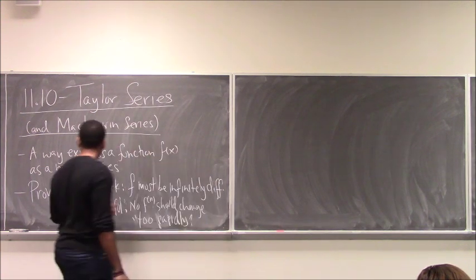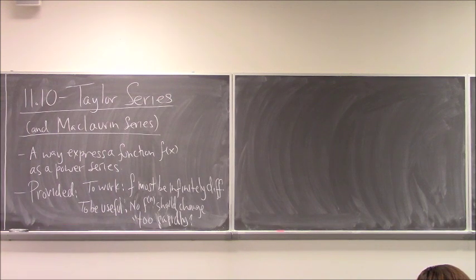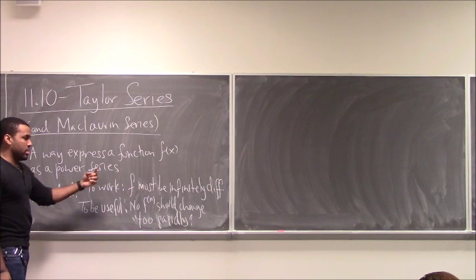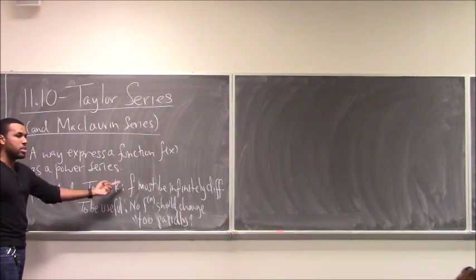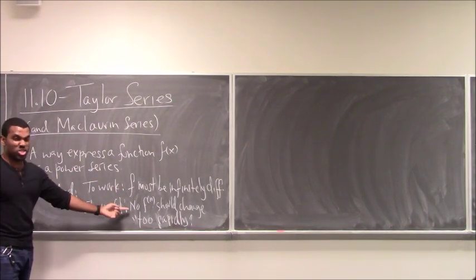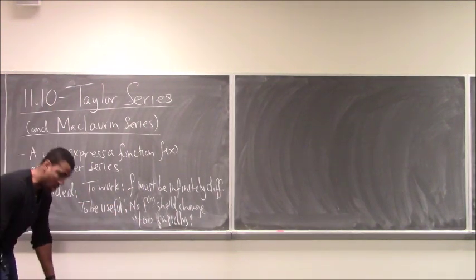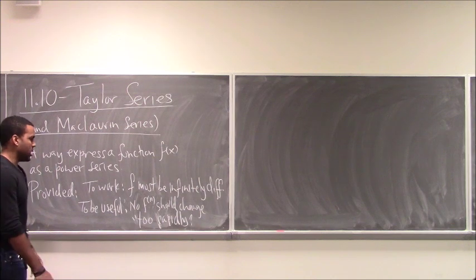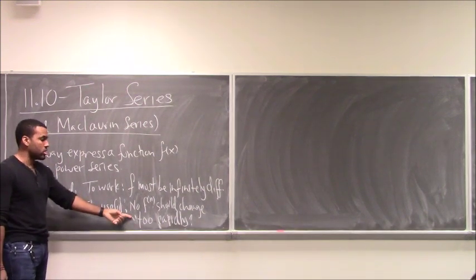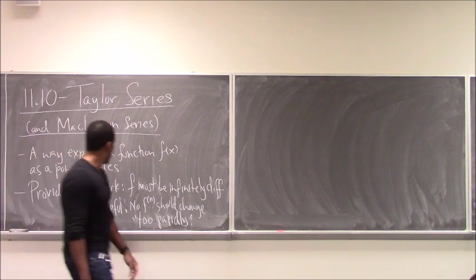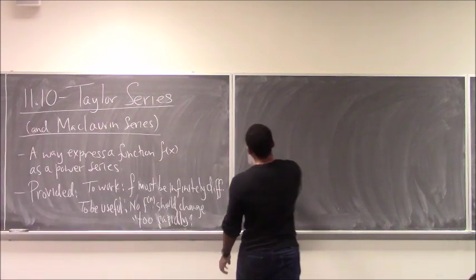And I'll make that clear later on when I talk about something called Taylor's inequality. So as long as you can find derivatives infinitely many times, and all the derivatives behave relatively nicely, they don't spike far up or spike far down very rapidly, and we'll define what it means to go too rapidly, then you can actually find a power series for a function that's going to be pretty useful. So how do we go about this?